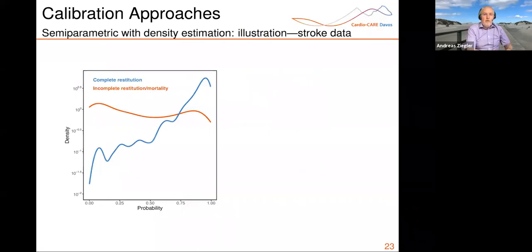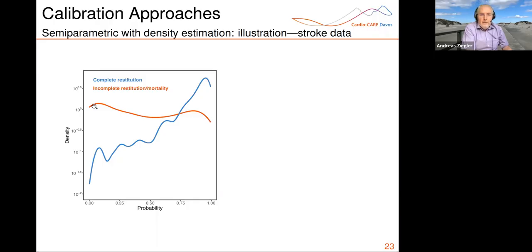How does this work? I've used our stroke data to provide you with a simple illustration. So we have estimated the density for subjects who showed complete restitution 90 days after stroke, and those who either were functionally dependent, so incompletely restituted, or died.